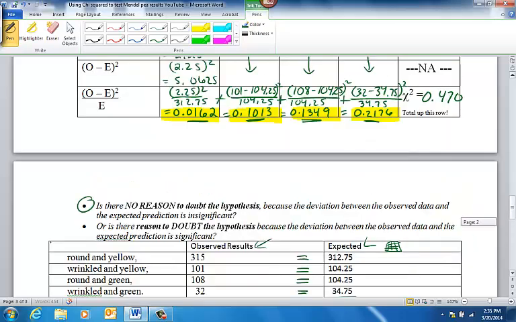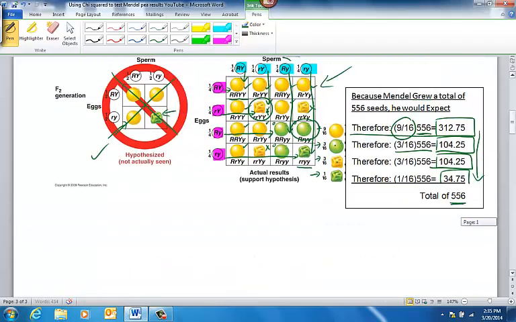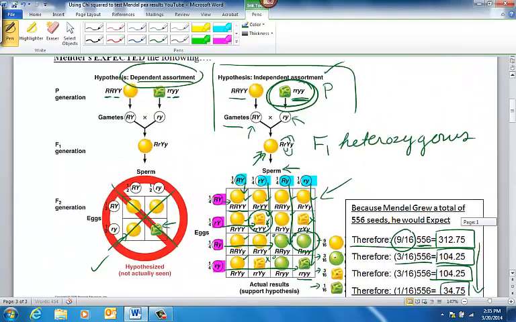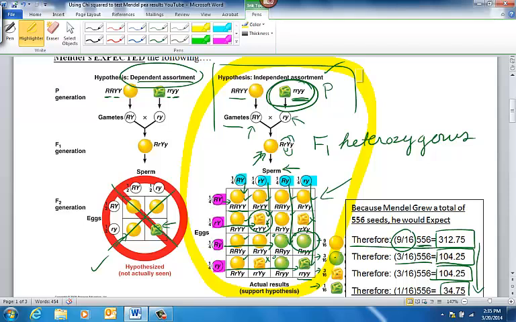So yes, going back to Mendel's actual hypothesis he was testing, yes, there was independent assortment between the round and wrinkled, yellow and green. The shape gene is independent of the seed color gene. Round can go with yellow, round can go with green, wrinkled can go with yellow, wrinkled can go with green.